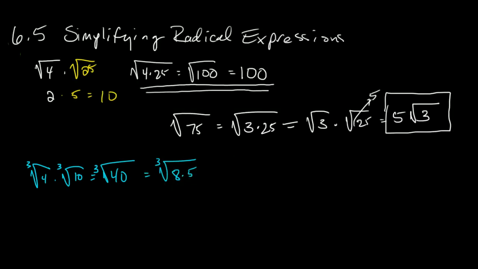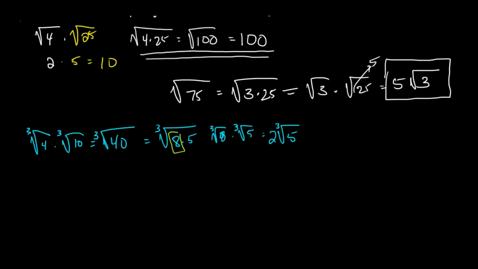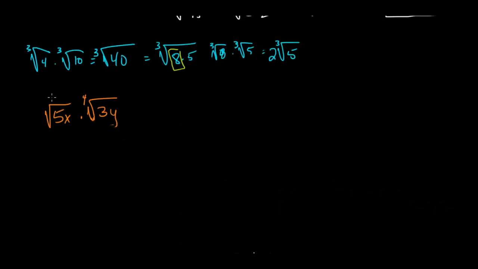And 8 is a perfect cube number. 8 is a cube of 2. So basically I have the cube root of 8 times the cube root of 5, and that would be 2 cube roots of 5.